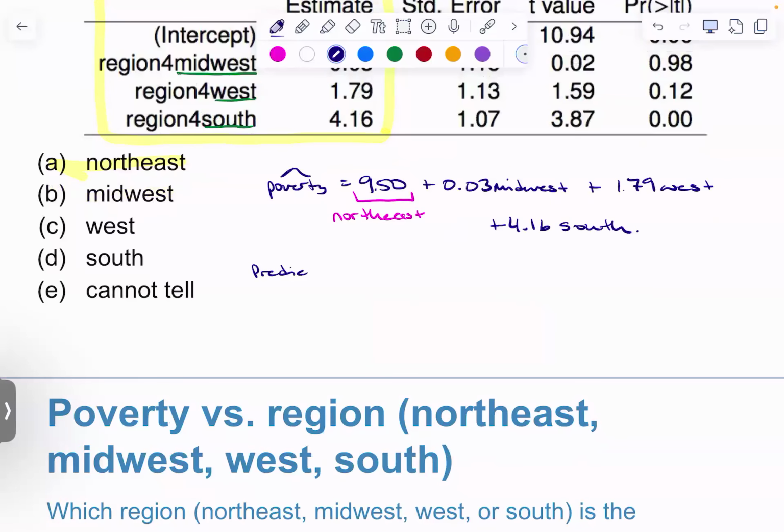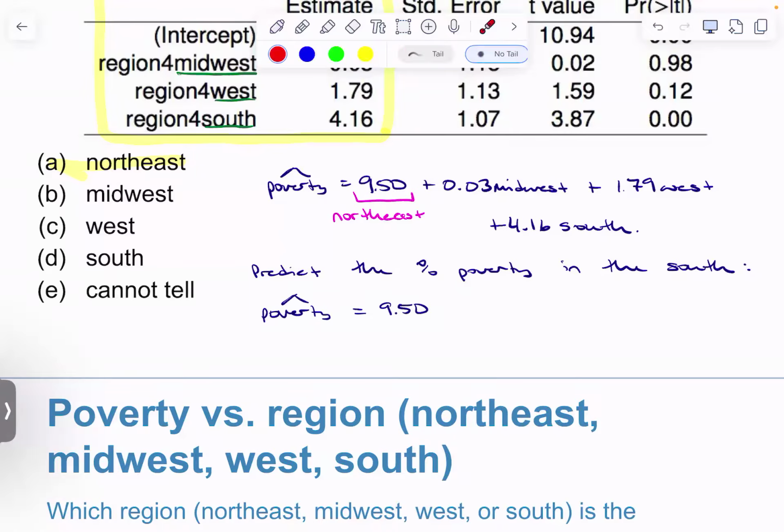And what if you want to predict the percentage in poverty in the South? Then you would have the poverty hat. You'd still have your reference level, the 9.5. But if it's in the South, then I need to turn the South on, which means the Midwest is off and the West is off.